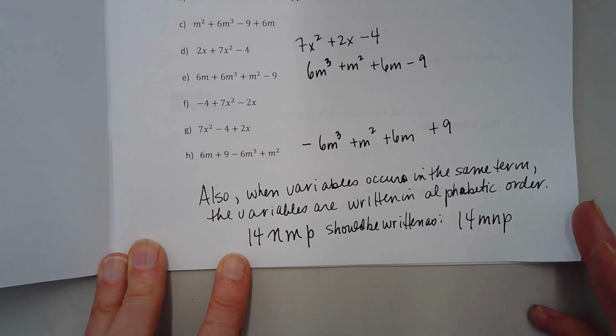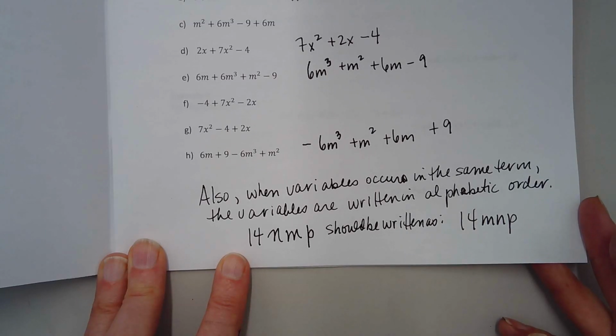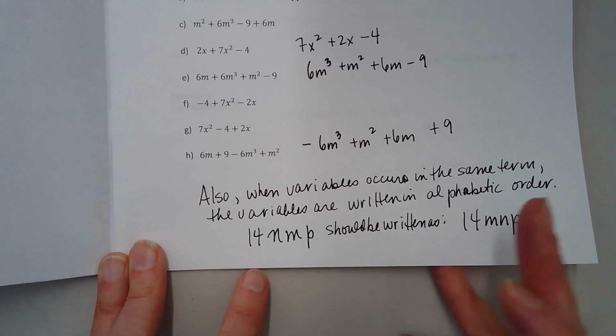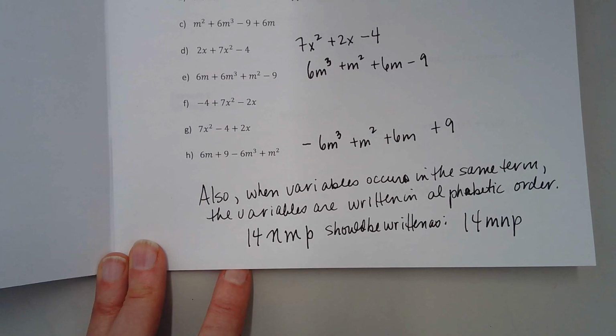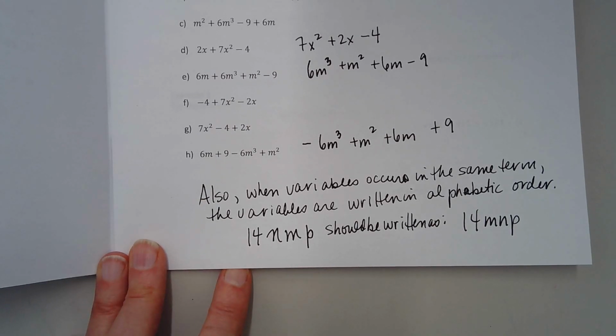So you follow the order of the alphabet. So when you're actually listing, you know how like the fractions, we were kind of fussy, we said put them in lowest terms. With polynomials, make sure that you're written in descending exponential order, and also write your variables in alphabetical order.